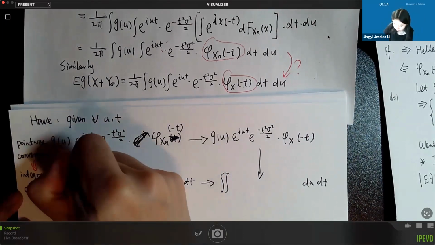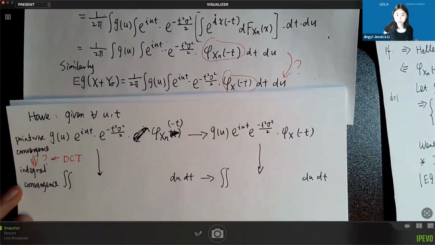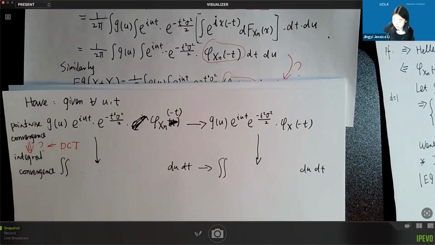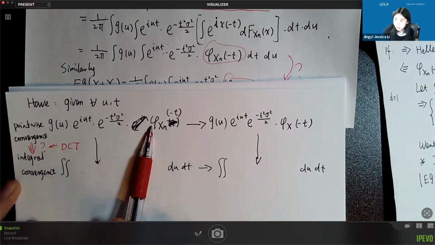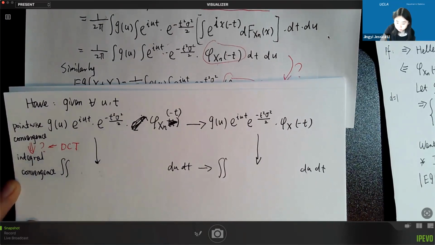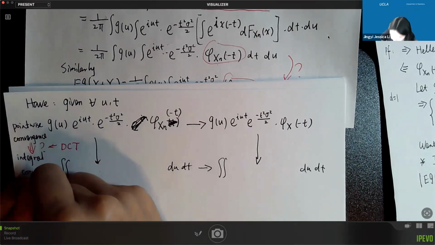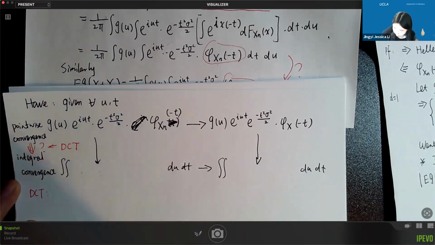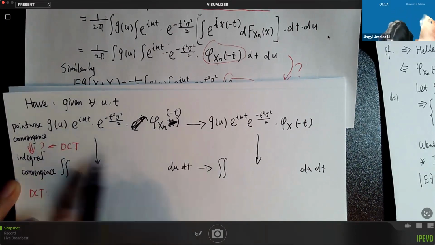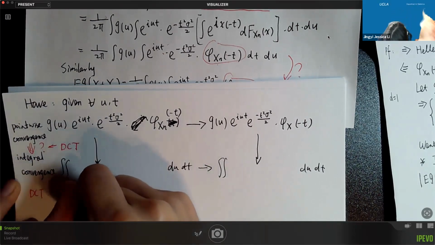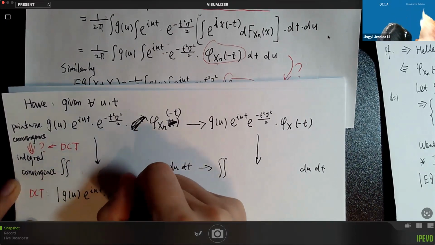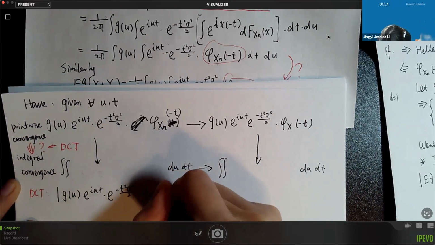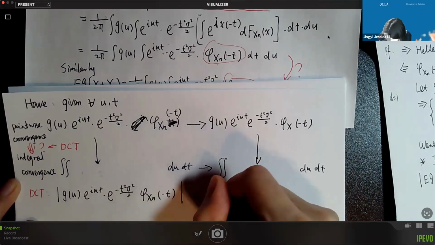For the dominated convergence theorem, we just need to show that the pointwise convergent function has a finite bound. So basically, DCT says we just need an upper bound on this thing, g(u) times this. Does this have an upper bound?